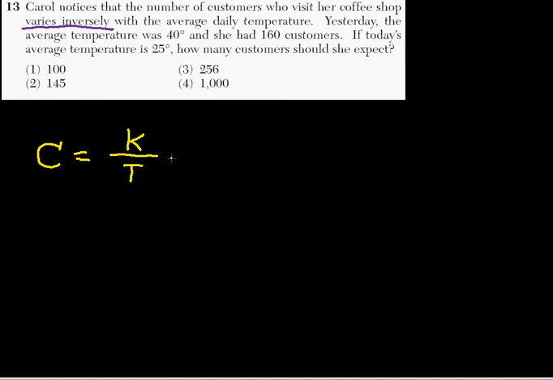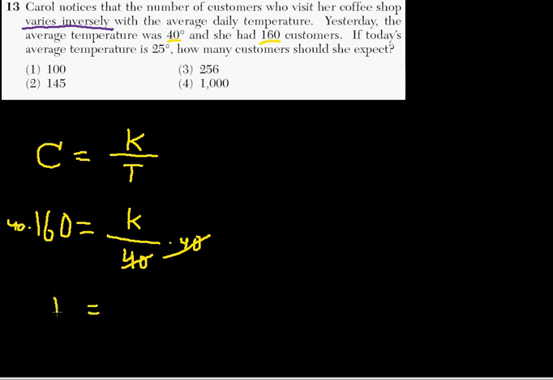And the first thing we're going to do is find the constant using the data that they give us, 40 degrees and 160 customers. So let's find the constant. We have 160 equals, and again, we don't know what the constant is, we're solving for that, over the temperature, which is 40. So we multiply both sides by 40. That's going to cancel that out.